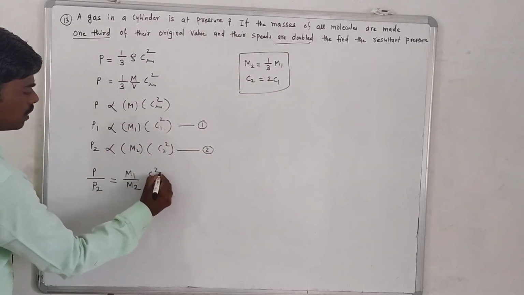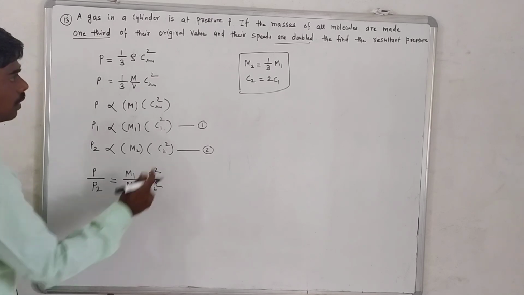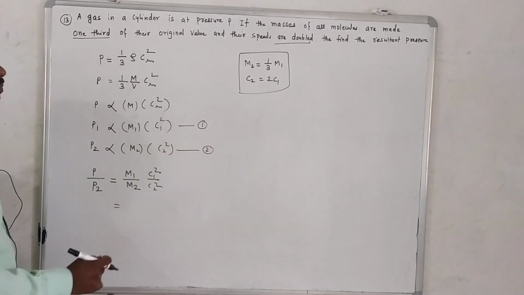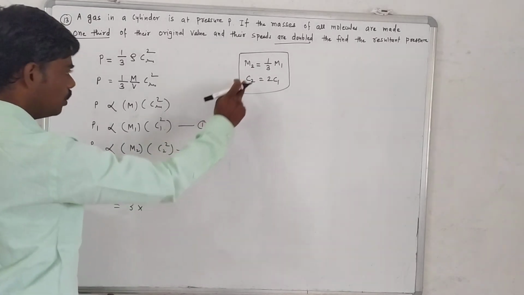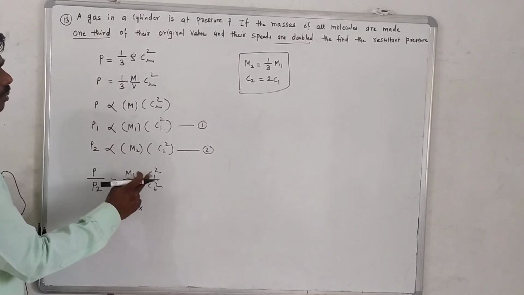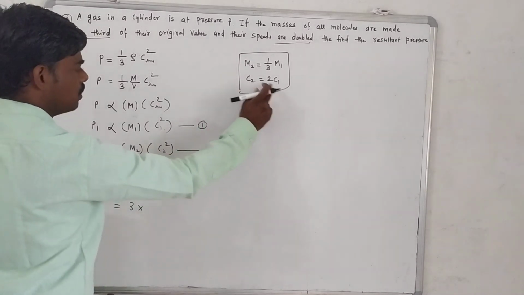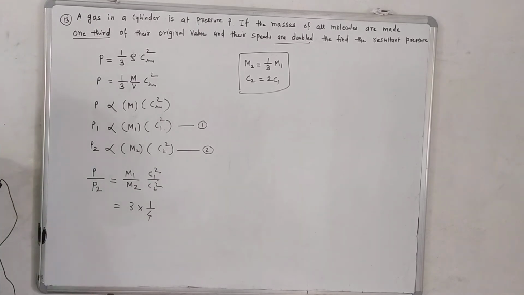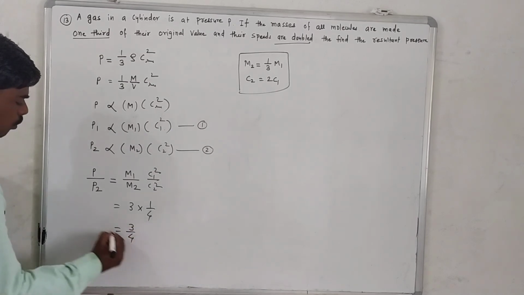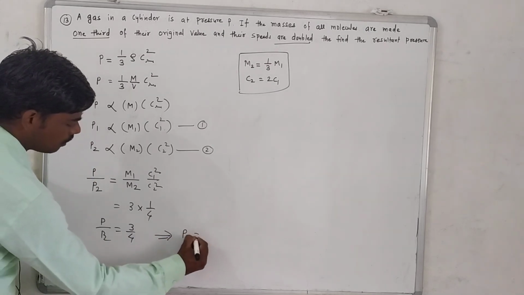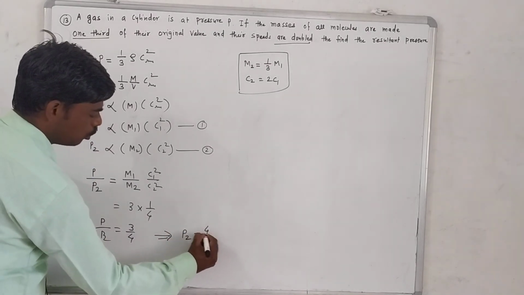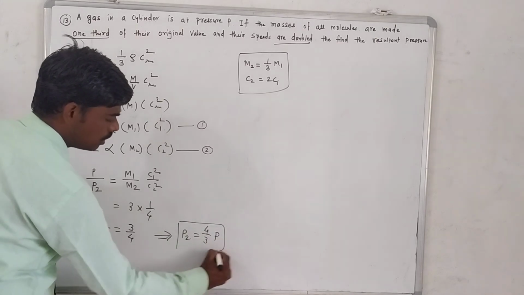So m1 upon m2 becomes 3, and C1 square upon C2 square becomes 1 by 4. The final ratio becomes 3 by 4. So what will P2 be, the final pressure? P2 is equal to 4 by 3 P. This is your required result.